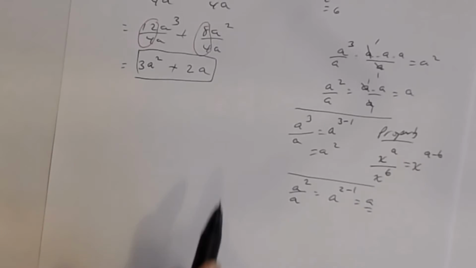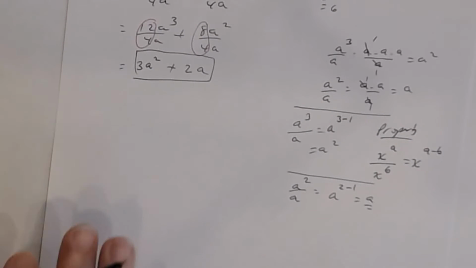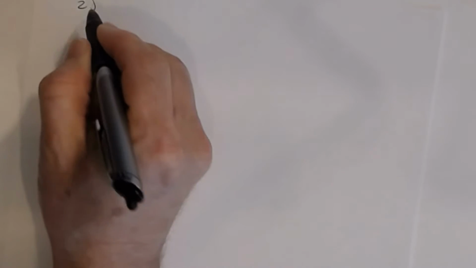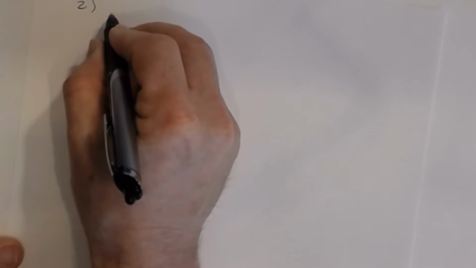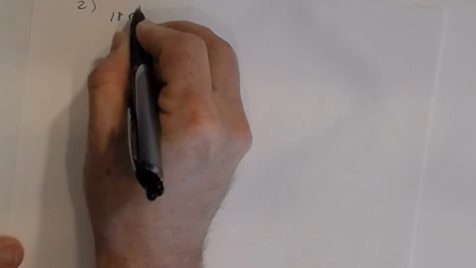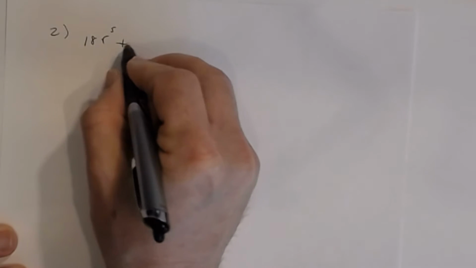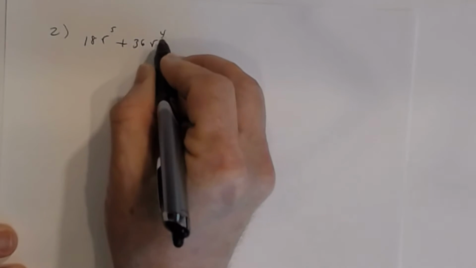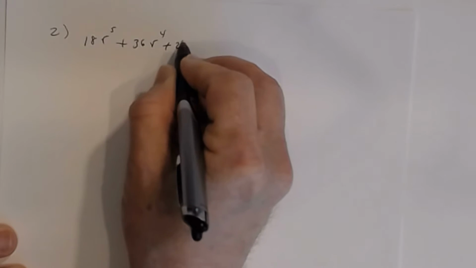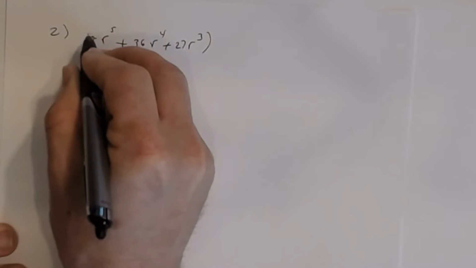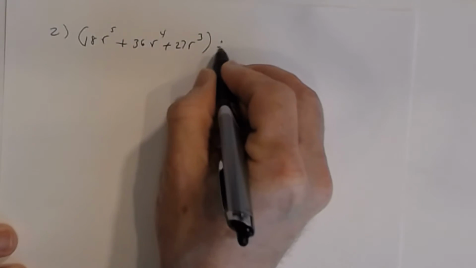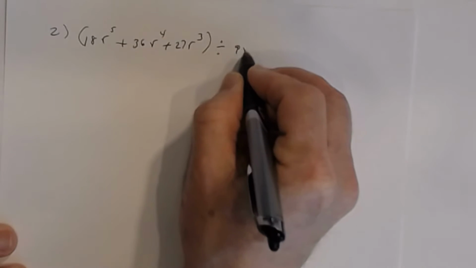Okay, let's go to number 2. I'm going to need another sheet of paper. Let's say we had this. For number 2, we had 18 r to the 5th, plus 36 r to the 4th, plus 27 r cubed, and I'll put that in parentheses, and that's being divided by 9r.